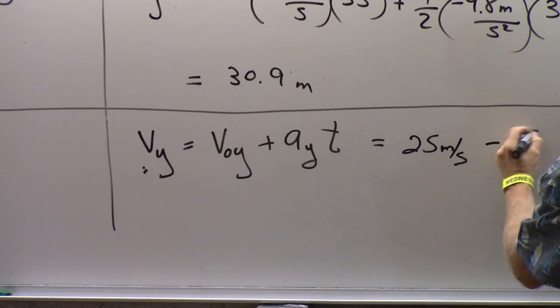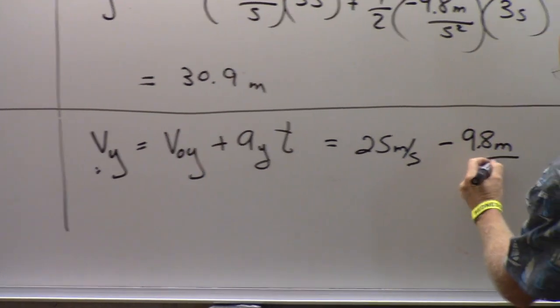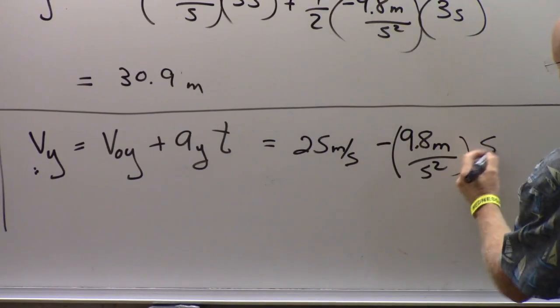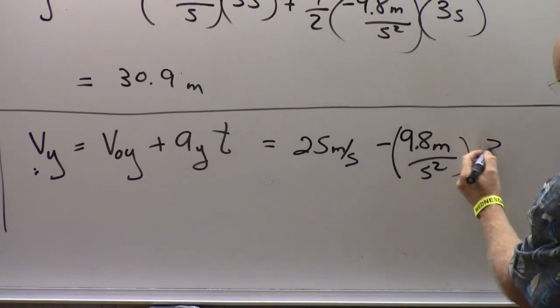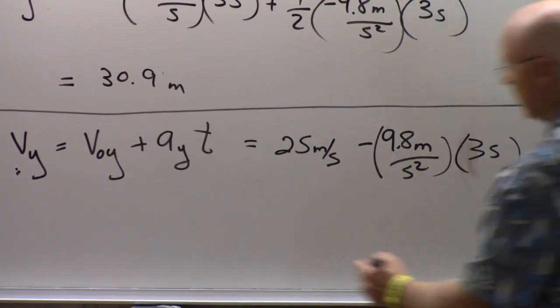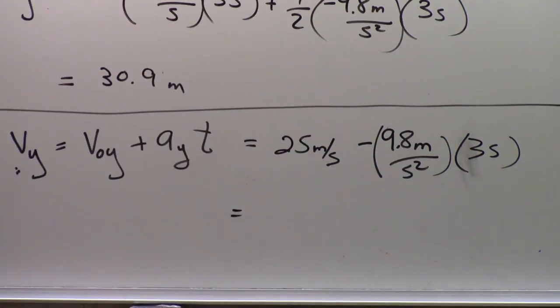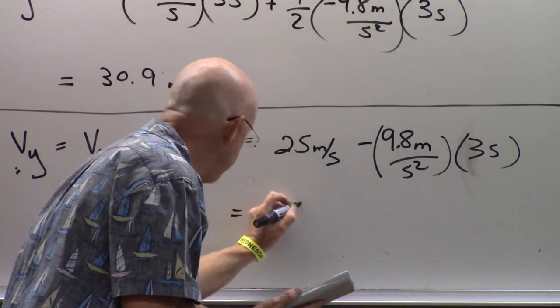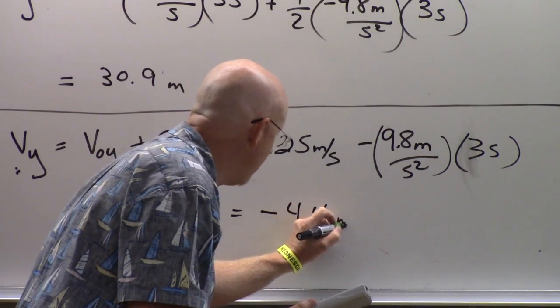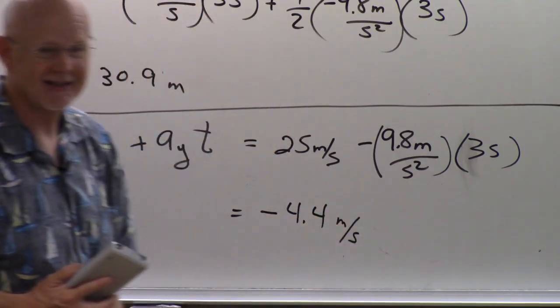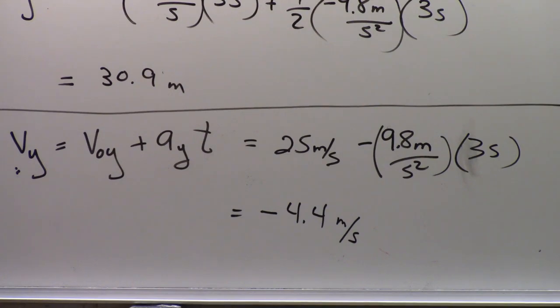Then the acceleration is negative 9.8 meters per second squared for 3 seconds. And so I can then say 25 minus 9.8 times 3, meaning it is a negative 4.4 meters per second.